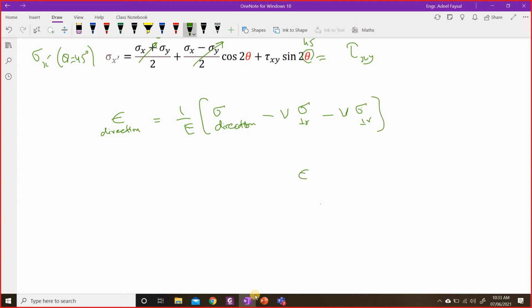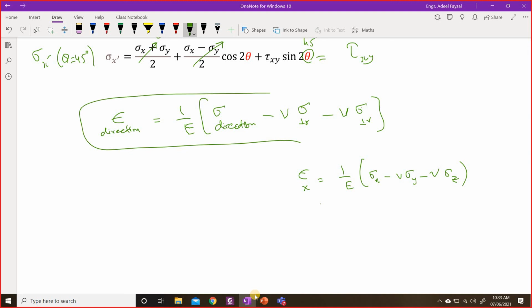If you recall, this was the expression for epsilon x equal to 1 over E times sigma x minus nu times sigma y minus nu times sigma z. So the general form would be like this. This is in terms of x, y, and z directions, but for any set of 3 directions, you can write the generalized Hooke's law in this format.